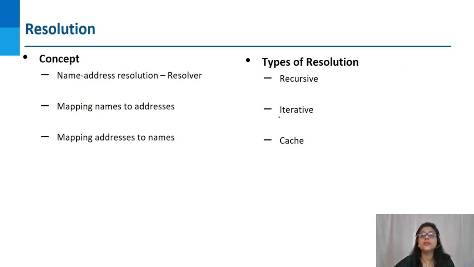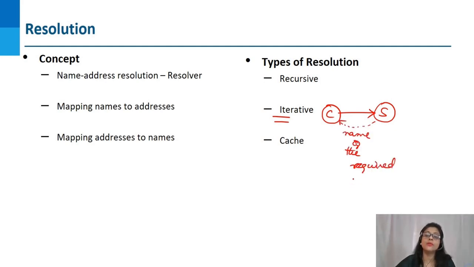What is iterative type of resolution? In iterative type of resolution, if the client requests the server for IP address of a domain name and the server does not have it, it will send back the name of the server.